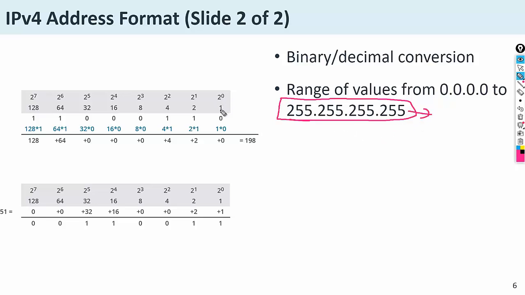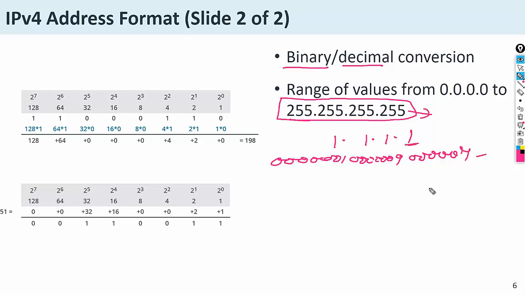So I hope you understand the conversion of binary to decimal. Right? Like you have the IP address 1.1.1.1. So what will be the binary? 00000001, 00000001, 00000001, and like you have the value one, so the octet will be 1 with all the others zeros.